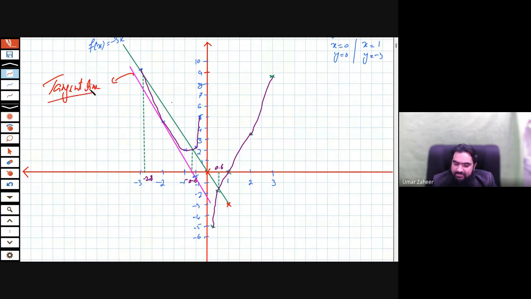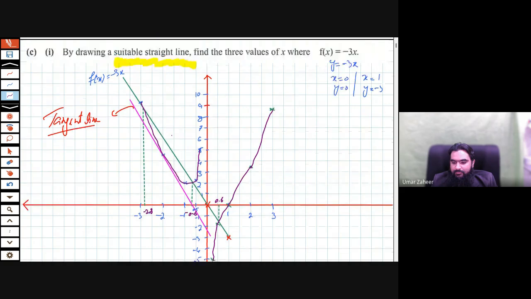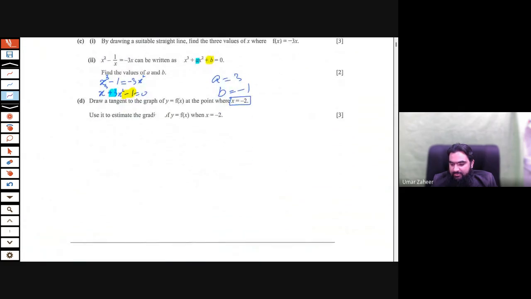line. Obviously, when we get the tangent line, now we need to find the gradient. How do we find the gradient? What is the formula of the gradient? m is equal to y2 minus y1 divided by x2 minus x1, right?